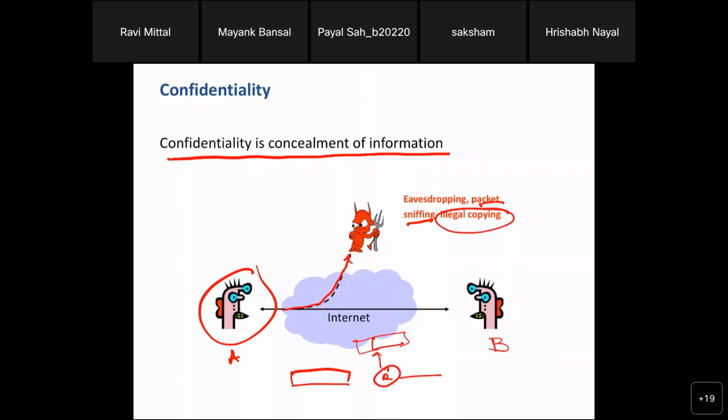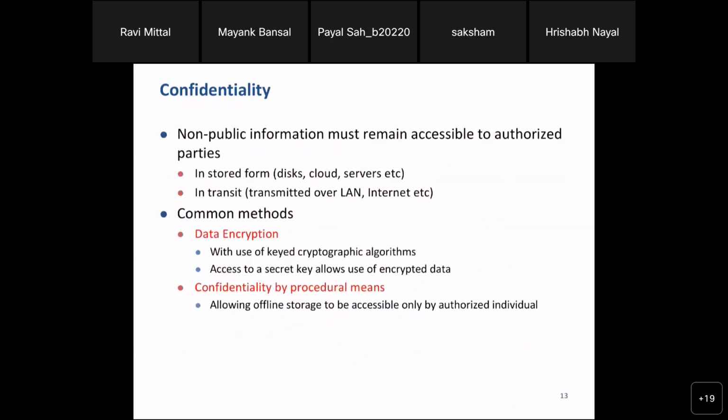Illegal copying of something is also something that confidentiality will not allow. So non-public information must remain accessible only to authorized parties. Something that we say is non-public should remain between the people who are supposed to have it, the people who are authorized to read it.